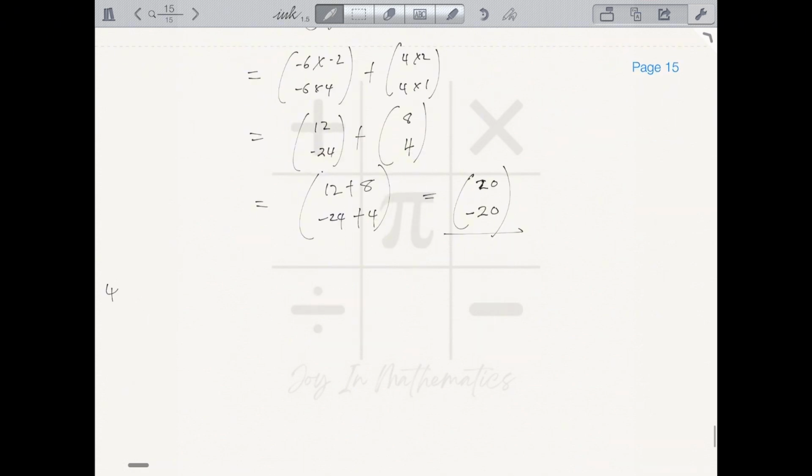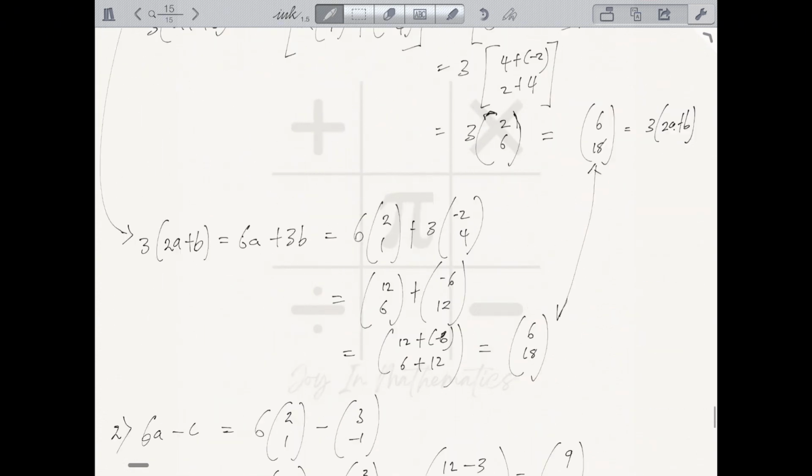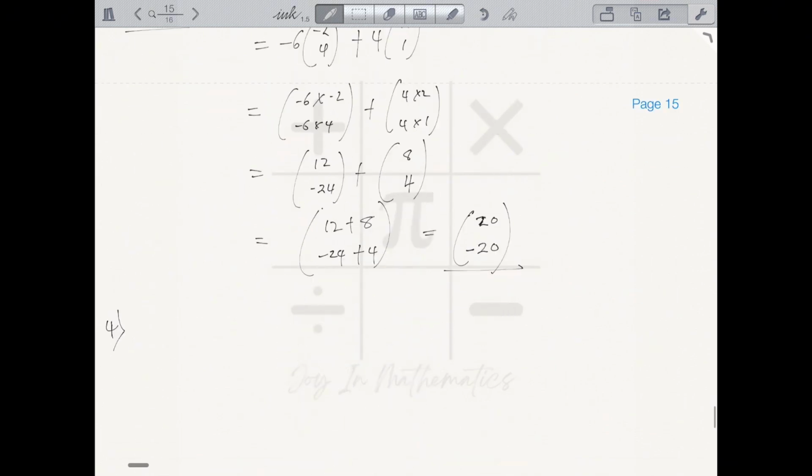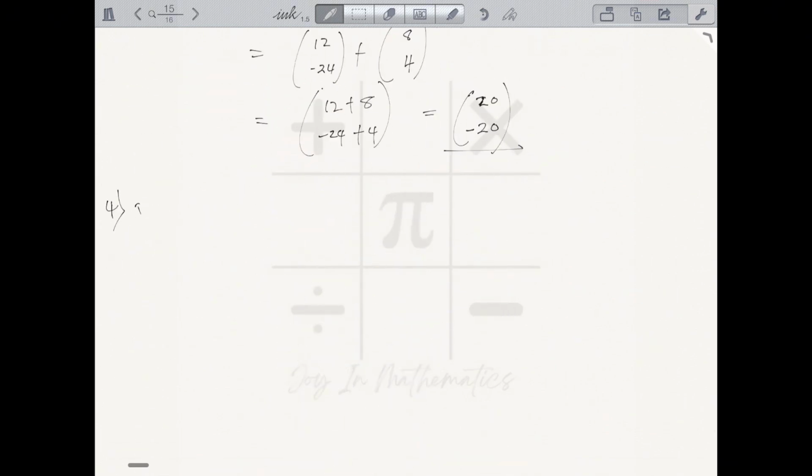And finally, let's move on to question 4. Question 4 says we should simplify 2b + 3c - 4a. So we have to substitute our values.